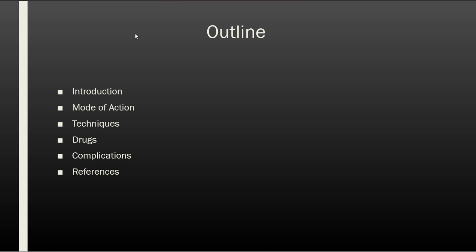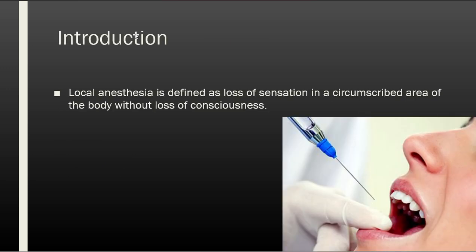Now, what is local anesthesia? Local anesthesia is a state of reversibly numbing the pain, loss of sensation in a specific area. So, in a specific area of the body, we just do loss of sensation without loss of consciousness.